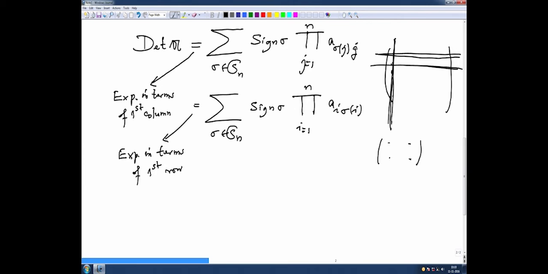Okay. Now I want to use the adjoint entries to also give an expansion of the determinant in terms of any ith row or any jth column, not necessarily the first ones. So that is the next theorem I have written. The theorem I want to prove I will call the expansion theorem for determinants.